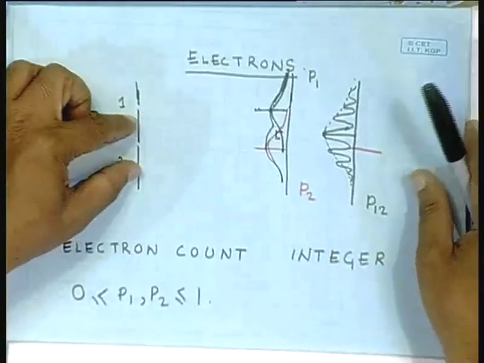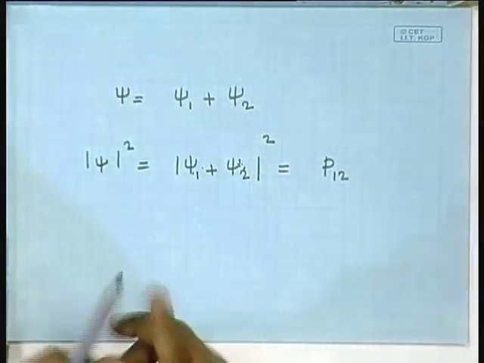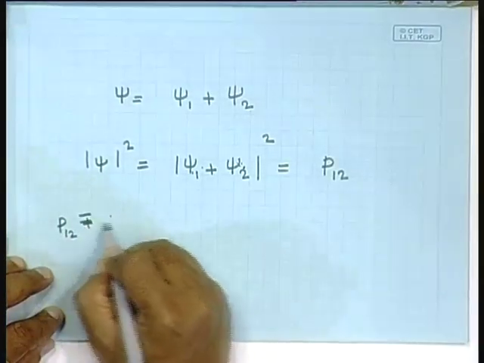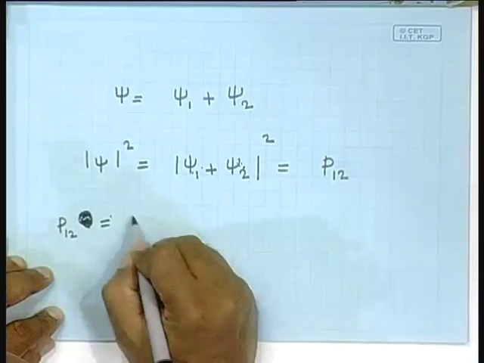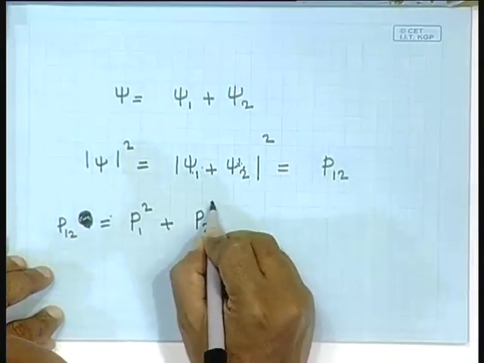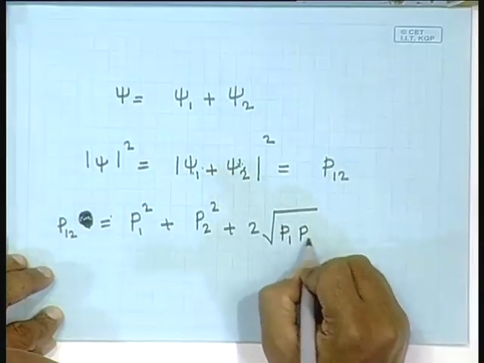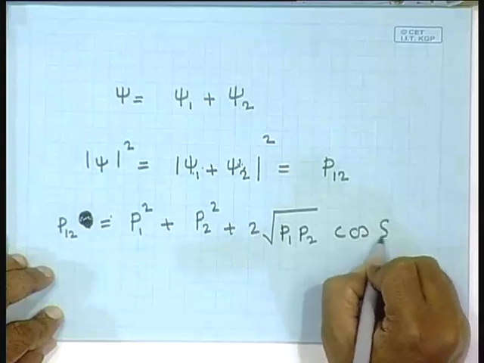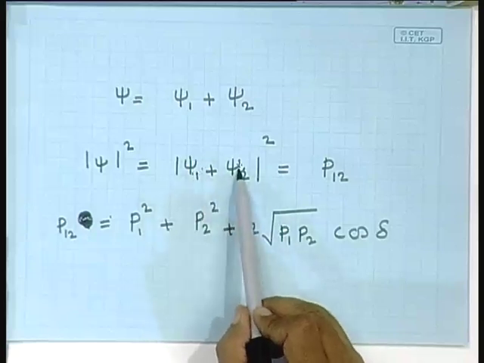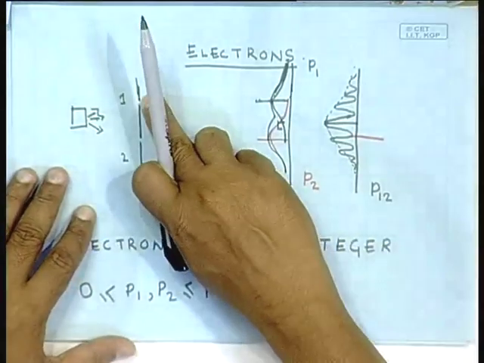When both slits are open, it is going to be the square of this, and you can now very easily guess that P12 is going to be equal to P1 squared plus P2 squared plus 2 root P1 P2 cos delta, where delta is the phase difference between these two probability amplitude waves that come from these two slits.